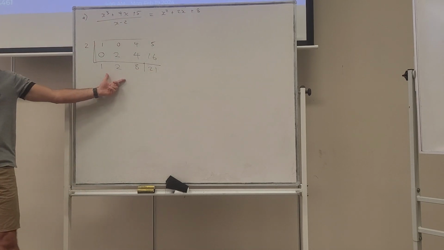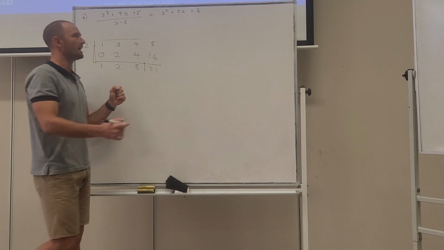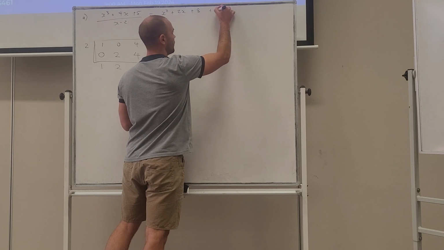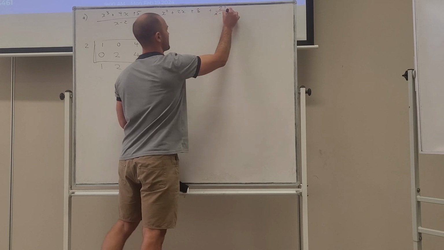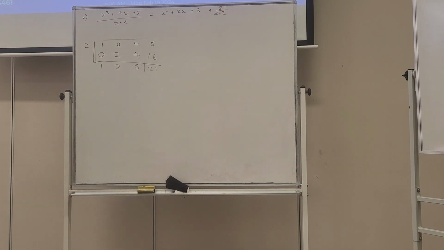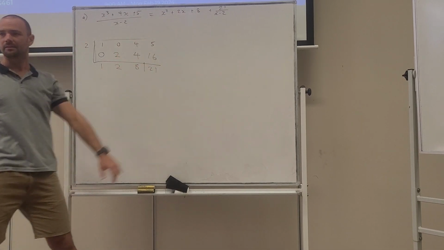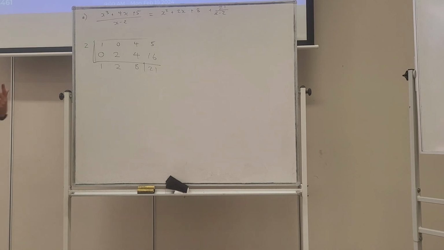That's the quotient, plus the remainder, which is 21, on top of the divisor, which is x take 2. So this polynomial division can be represented like this. That's the second way we learned to represent them.